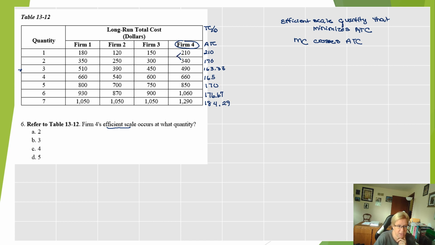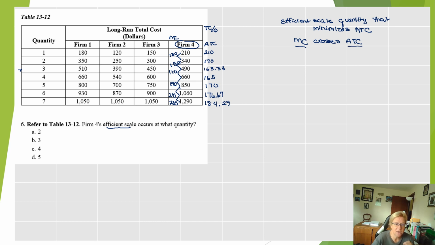So let's double check that and let's calculate our marginal cost: change in total cost divided by our change in quantity. So I have 130, 150, 170, 190, 210, and 230. Okay, so if this is our marginal cost, where is the marginal cost curve crossing the average total cost curve?